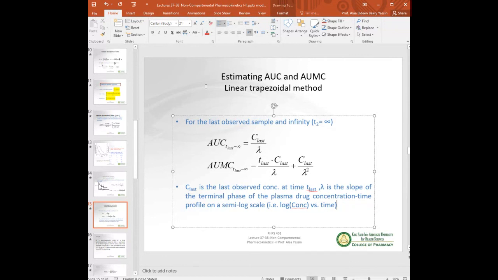All these can be reflected in the mean residence time without the need to assume compartmental or multiple compartmental models. Okay, any question?